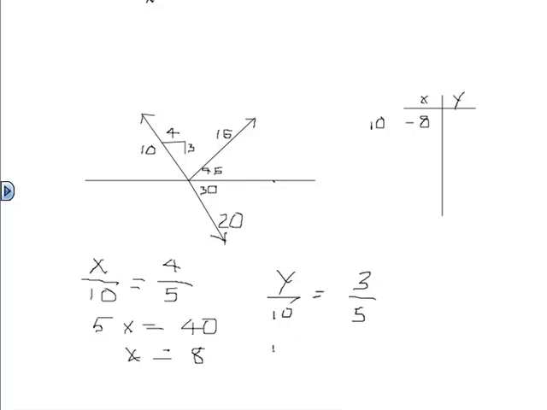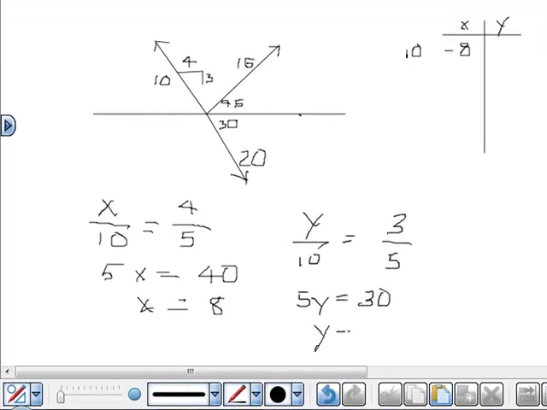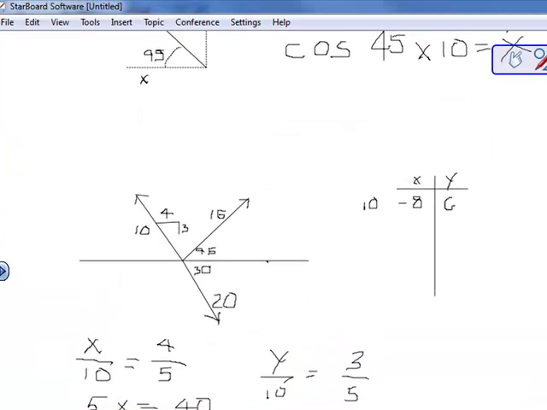So 5y equals 30. Y equals 6, correct? And that one will be going up, so it's positive. So we put that in our little chart there.